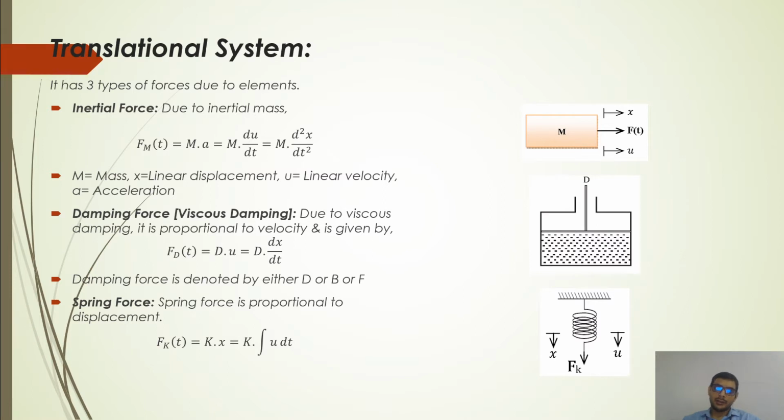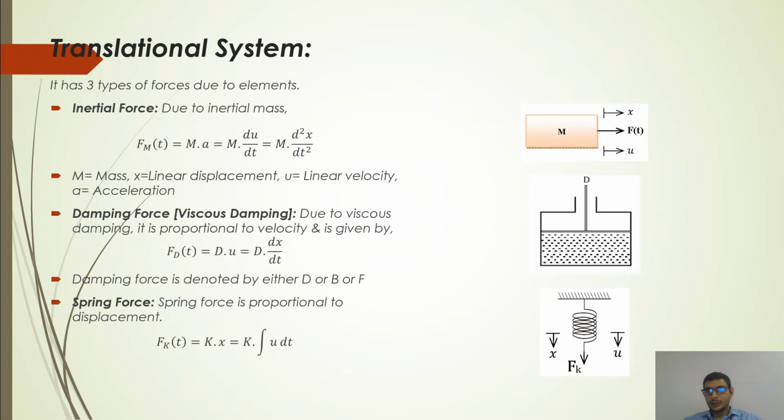Then the force applied by any viscous or damping force is given by d times u, or d times dx/dt, where dx/dt stands for the rate of change of displacement. Suppose an object is displaced under frictional forces; the damping is equated to the speed with which the object is being displaced.